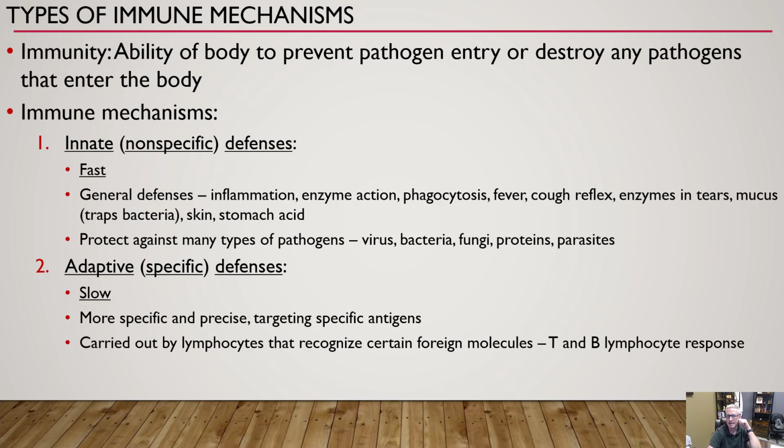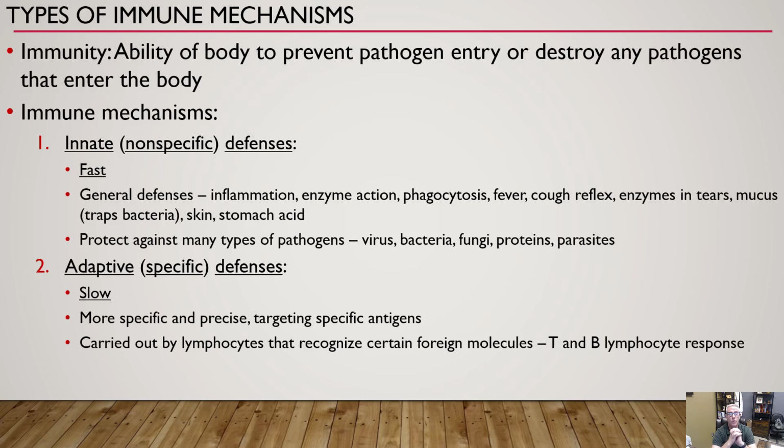Innate defenses are more general. They're going to work more immediately. They're non-specific. They're kind of like, you see a snake in your house and you blow up your house because you don't like snakes. That would be an innate defense.